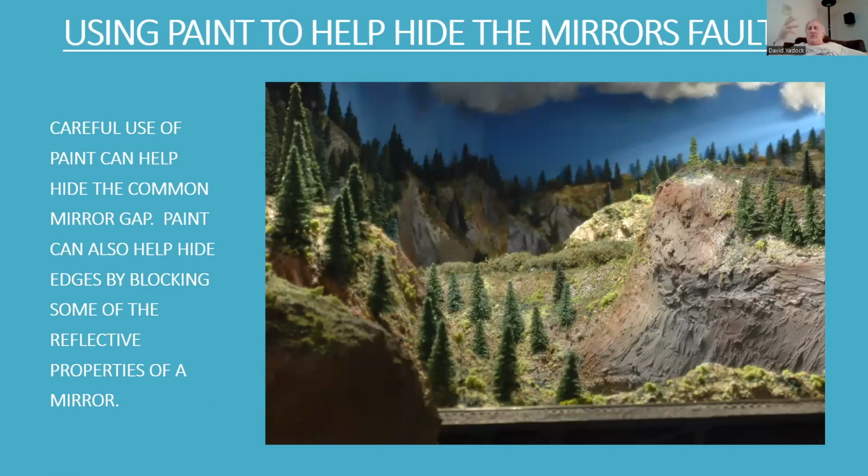As I mentioned earlier, you can paint the surface of the mirror or the backside of the reflected piece that's going into place. So this on the right-hand side is a giant sort of hill that I just blobbed onto the foreground scene.